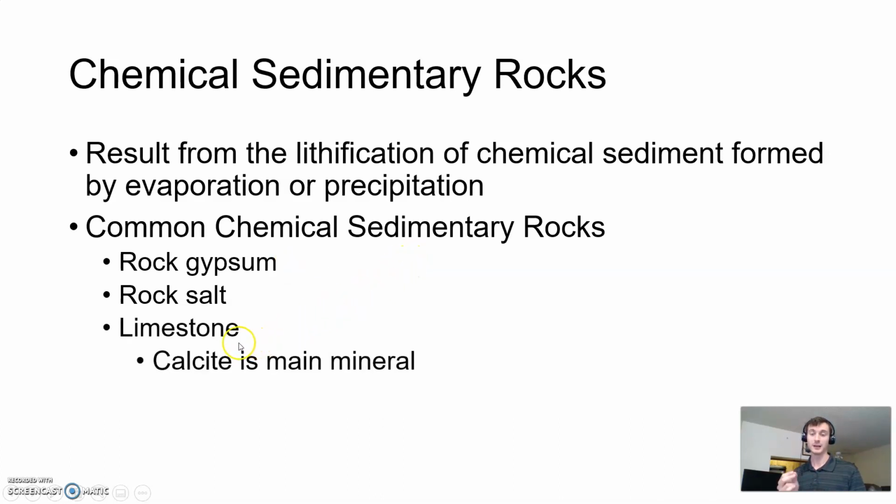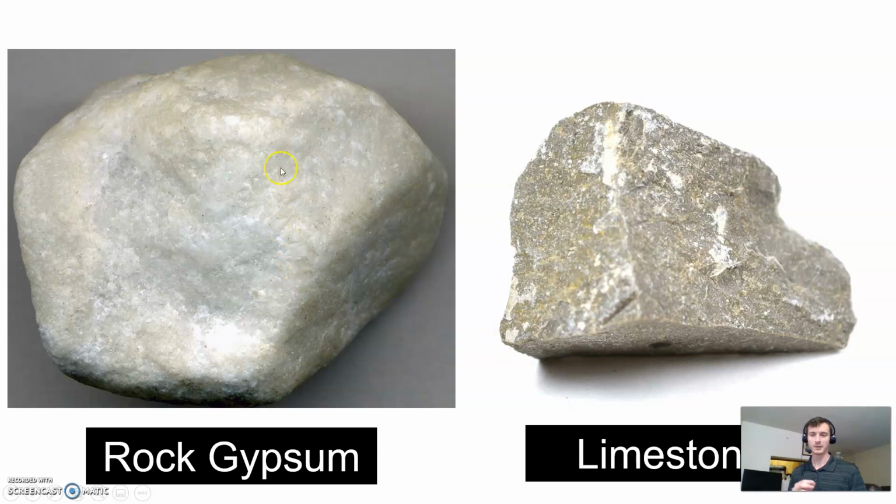You can also have limestone left behind, calcite. So you think of cement and concrete, limestone is actually a big part of what goes into this. It's made up of calcium and carbon and oxygen. It's actually very common as well in things like animal shells. So here we can see a photo of something like rock gypsum here and limestone over on this side.